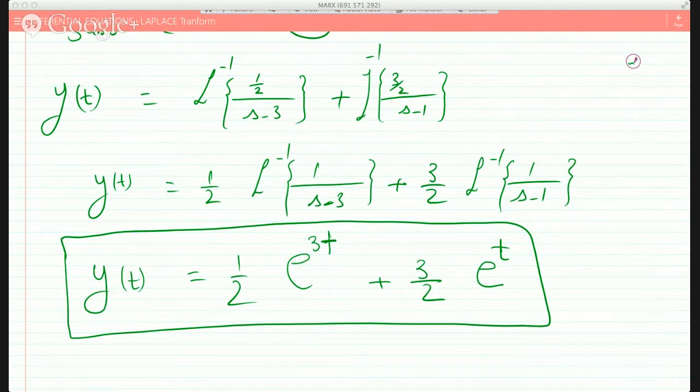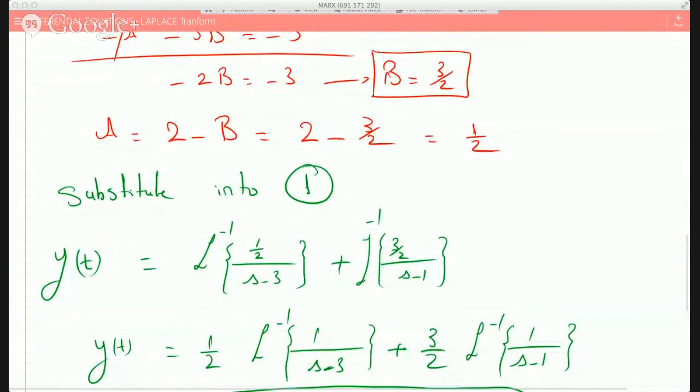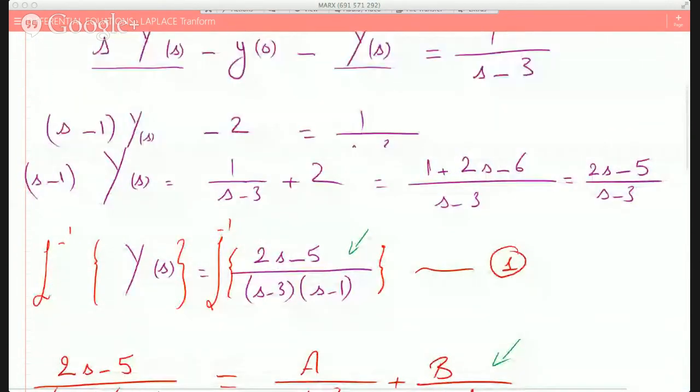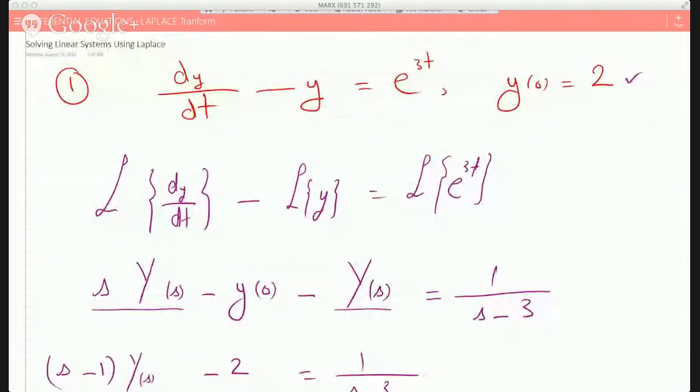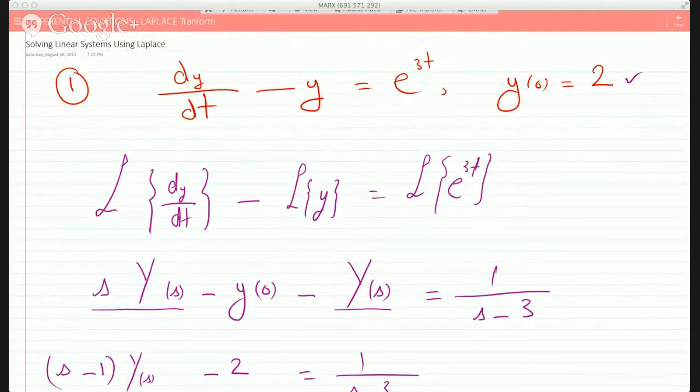So this is how you use Laplace transform to figure out the solution of this non-homogeneous differential equation. Before, we had used either separation of variables, which you can't do here because this is non-separable. Or you could see if it's exact, and if it's not, make it exact, then use the integrating factor.